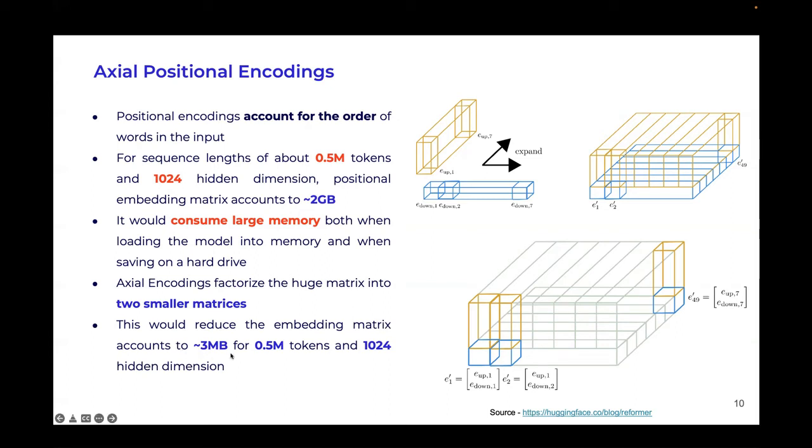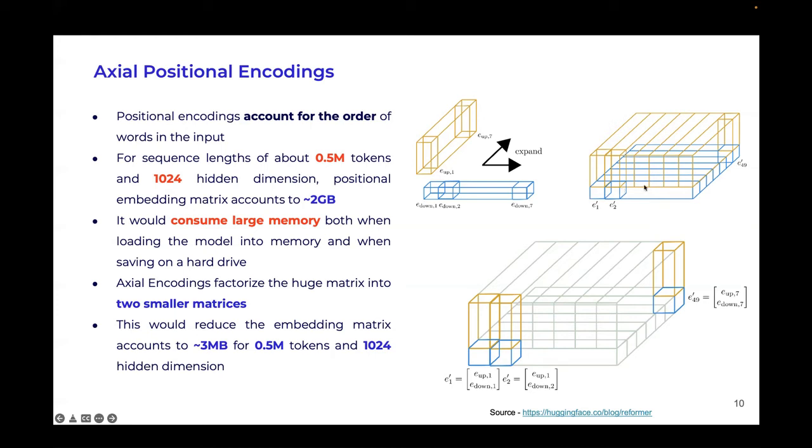It was taking 2 GB for the same configuration, which was reduced to 3 MB. This is a very significant drop in memory, and it matters during training as well as during inference. I'll show the benchmarks in the next slide.